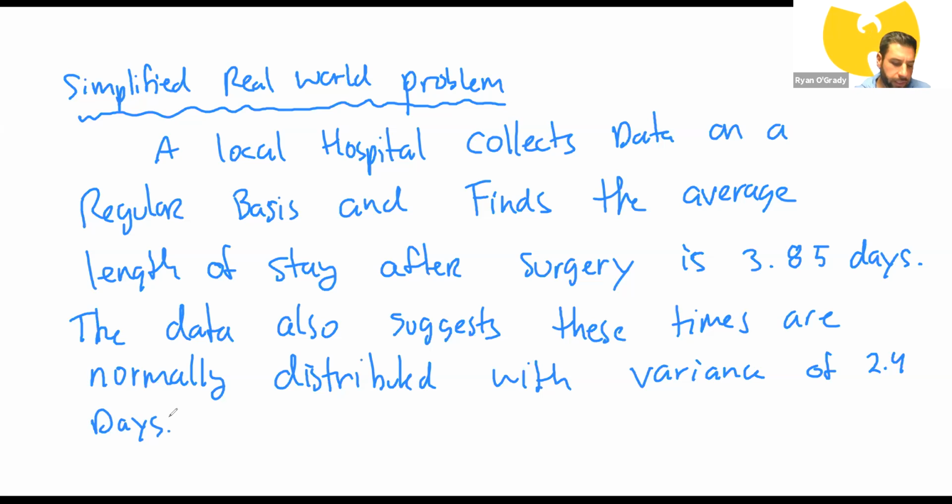So notice I'm being very careful with my words. Just because we collect data, there's nothing that specifically says it has to be distributed normally. We might make assumptions, but that's why I'm using the word suggests.